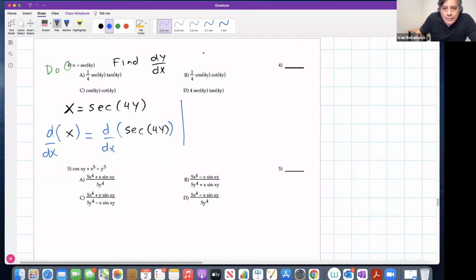I'm going to give you a hint. The derivative with respect to x of secant of x is just secant of x multiplied by tangent of x. Yeah, it's this. It's in our sheets.